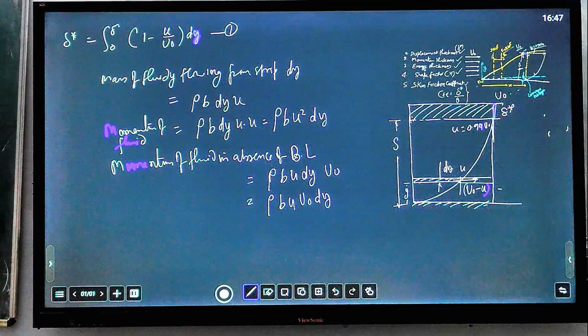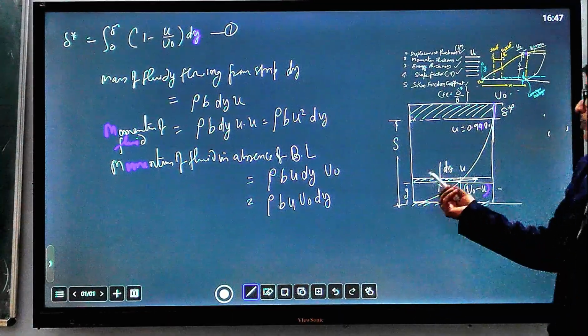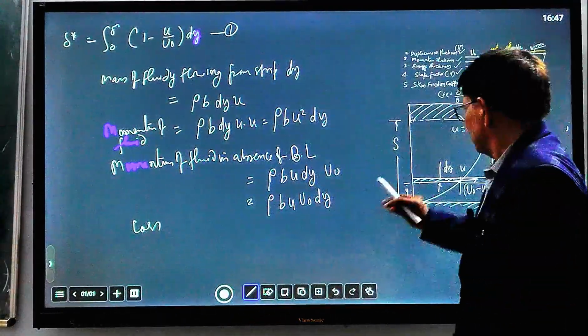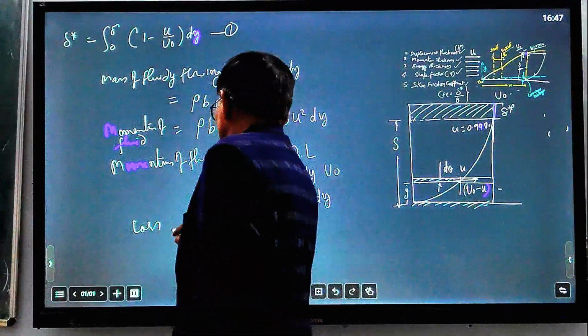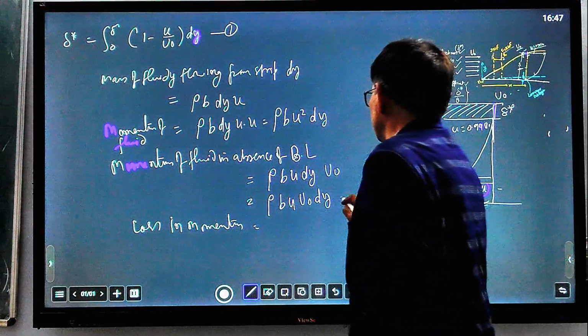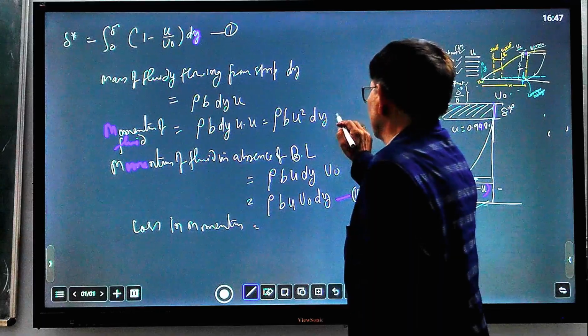Loss in momentum due to formation of boundary layer. So loss in momentum within this strip only, that is equal to, subtract from this one, this is equation number 2 and this is equation number 1.